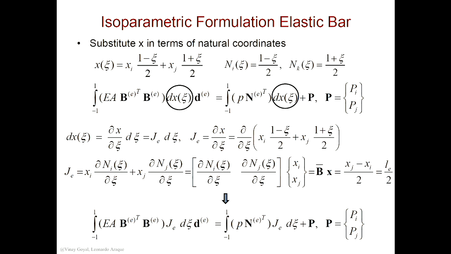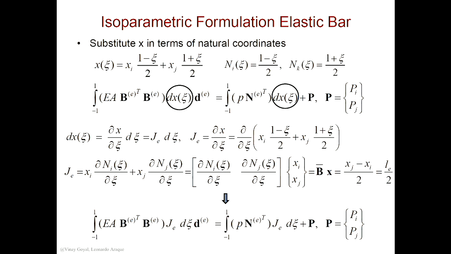I'm slowly taking my integral that went from xi to xj, slowly converting it to minus 1 to 1. Very slowly, because I have to teach it. Otherwise, I'll go fast, right? So the first step that I'm doing is taking this dx and turning it into j dc. And for me to be able to do that, I have to do this chain rule. That's what we did there. All these steps are about that.